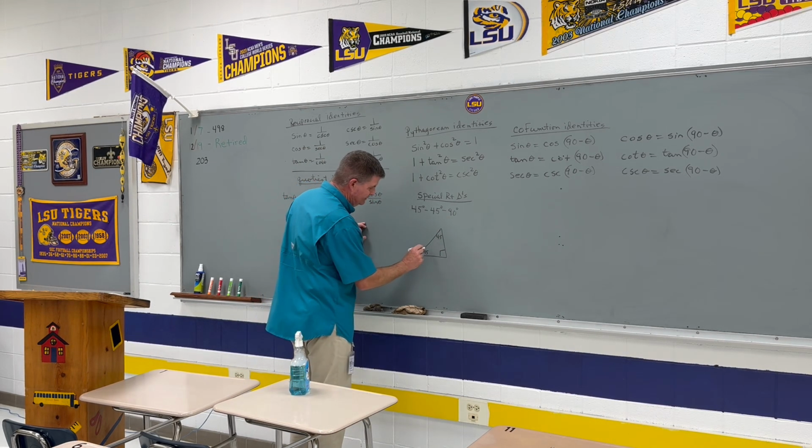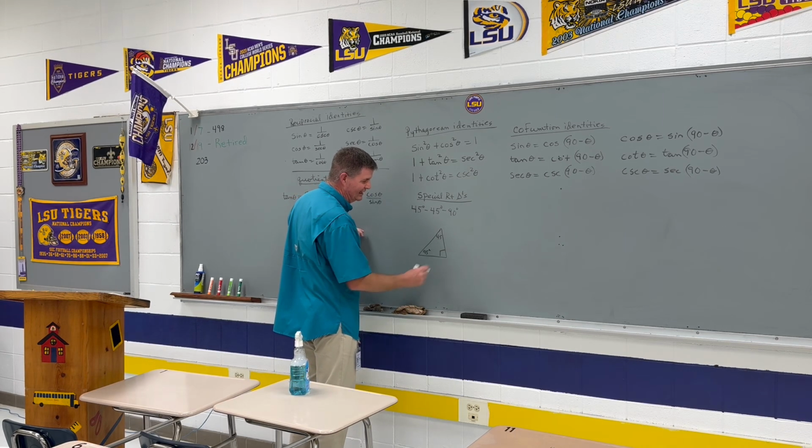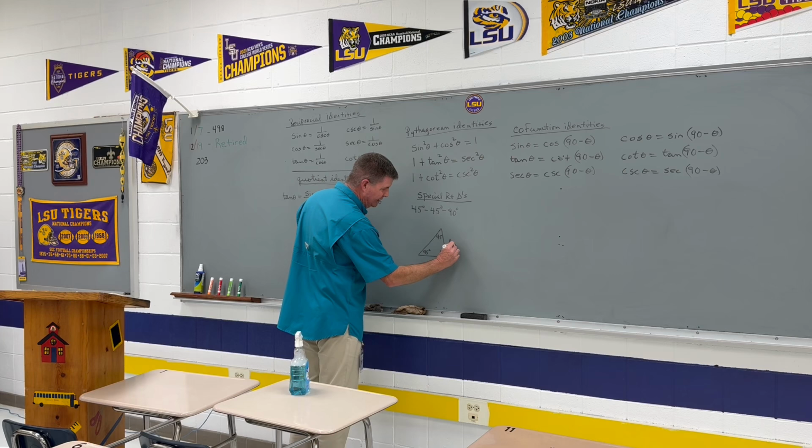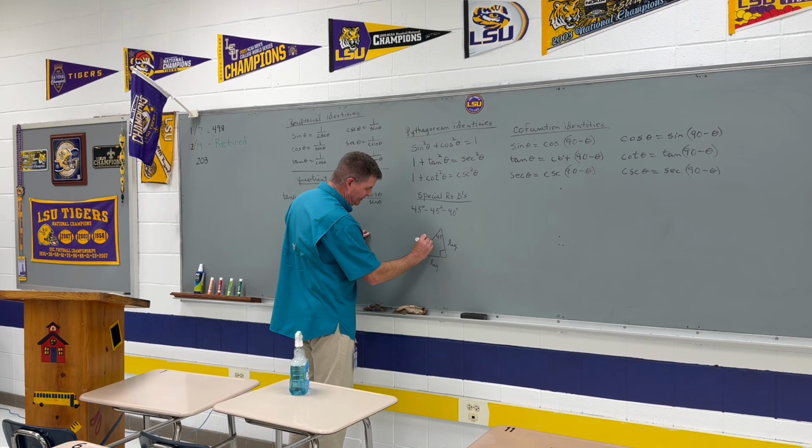Since it's a 45, 45, 90, the two angles are the same, so it's isosceles. So the two legs are the same size. And we have a hypotenuse.